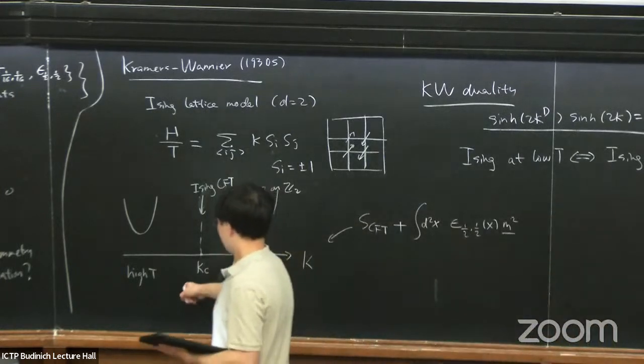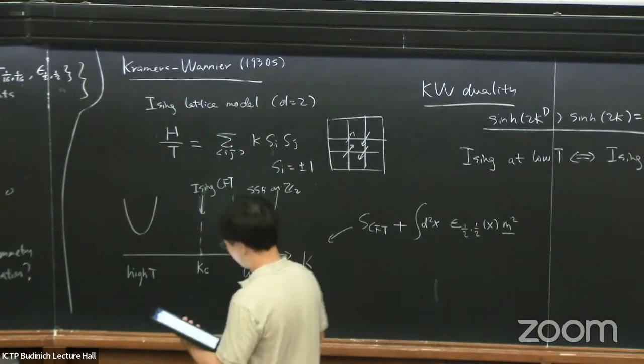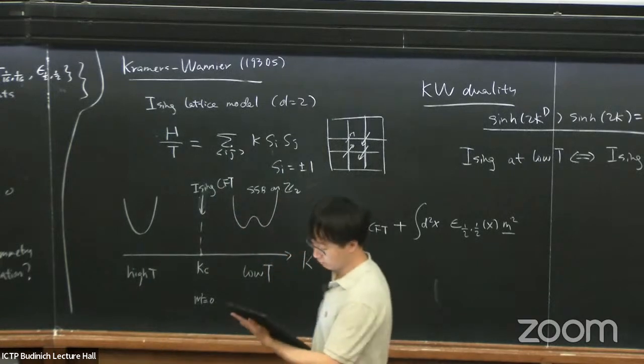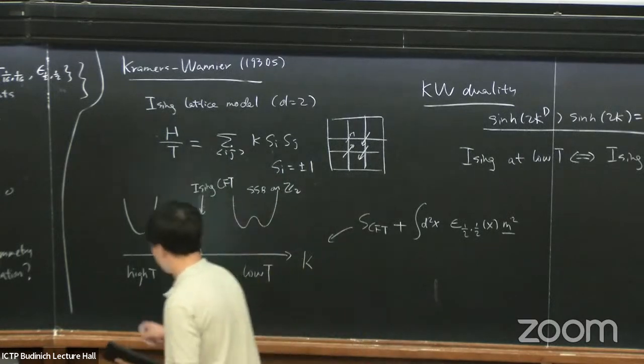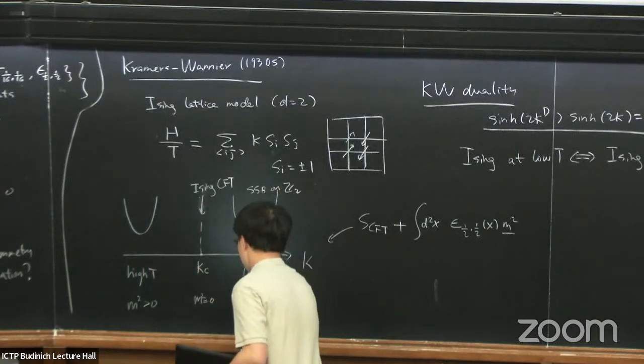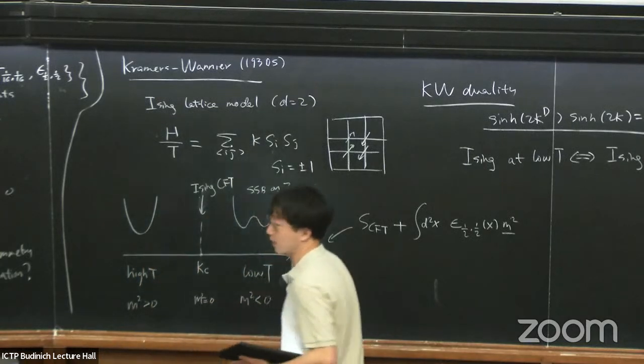Translated into this phase diagram, this point corresponds to m squared equal to 0. So we are at the fixed point. The high temperature phase corresponds to m squared bigger than 0, and the low temperature phase corresponds to m squared smaller than 0 in my convention.